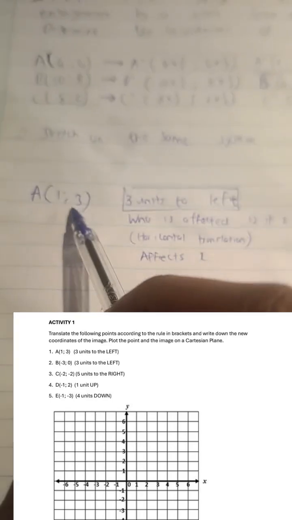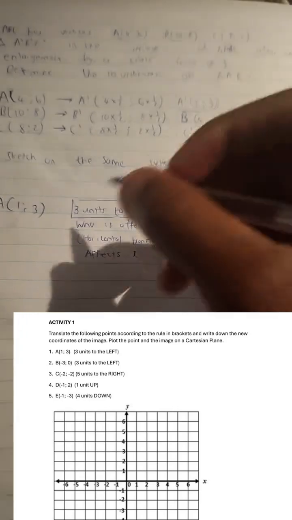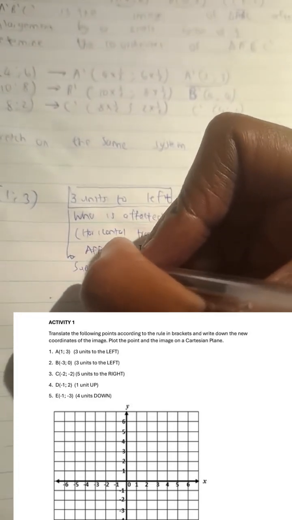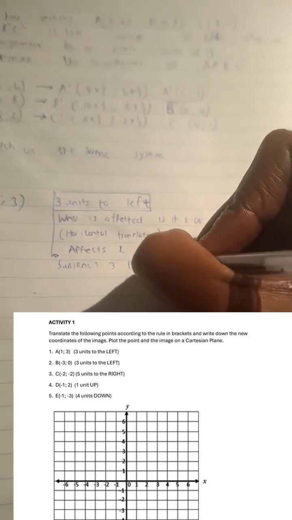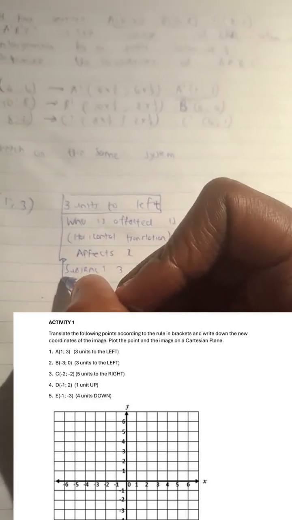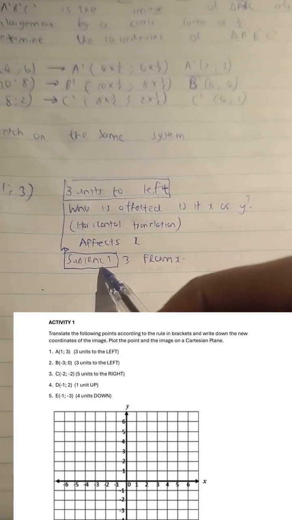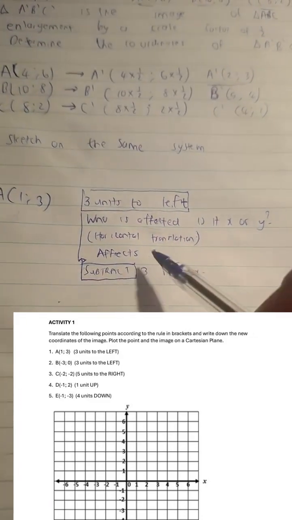So that means the x-coordinate 1 is going to be affected. But if we say 3 units to the left, it means that we are going to subtract 3 from who? From x. So this is very important to note. Subtract. Because to the left means we subtract. But if it had said to the right, it means that we would add.